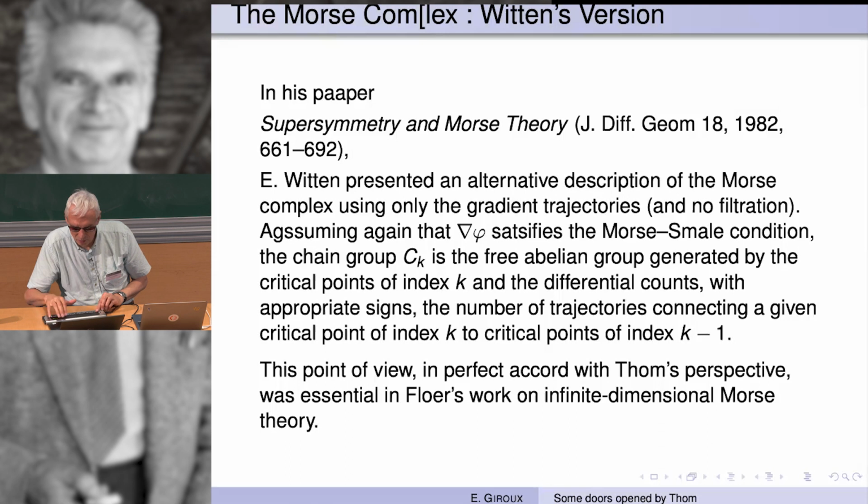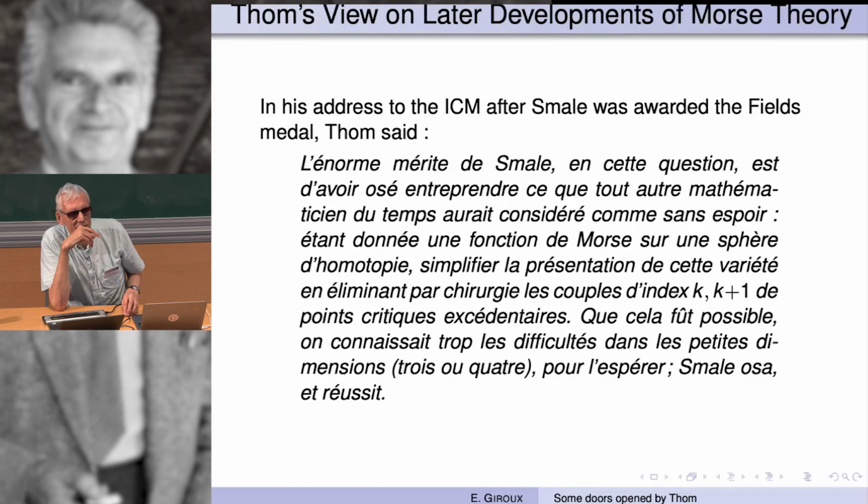Okay, so just a quick thing that I will maybe let you read, just to say that I'm clearly not pretending that Thom invented things that he did not invent, and he himself was not the kind of person to pretend he had done something he hadn't done. And I found very interesting what he said about Smale's work when Smale was awarded the Fields Medal, and he's very laudatory for Smale.